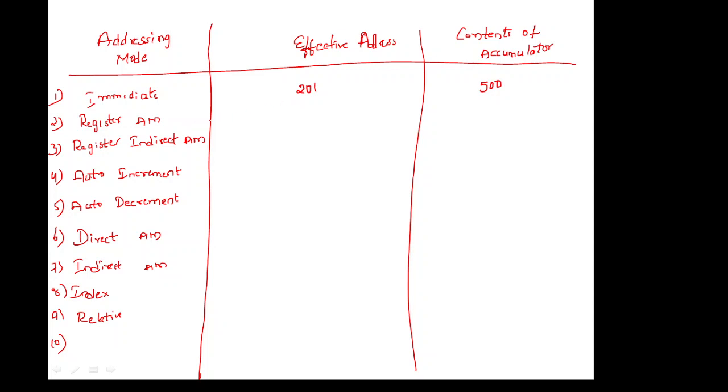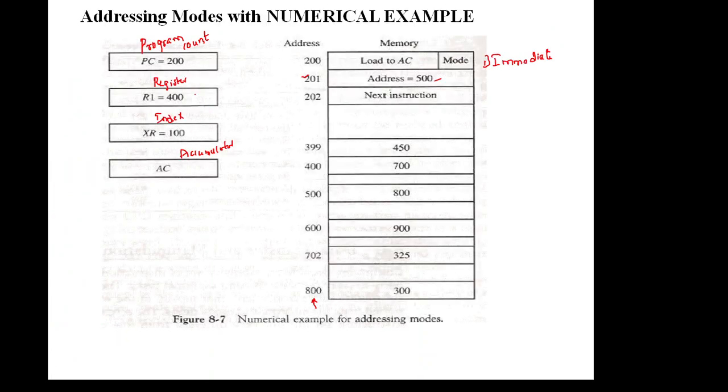Then register addressing mode. Register addressing mode means the corresponding register contains the content of the accumulator. Fine. If you take this example, we have the register R1. R1 contains 400. This 400 becomes the content of the accumulator. So here the address of R1 is not specified.